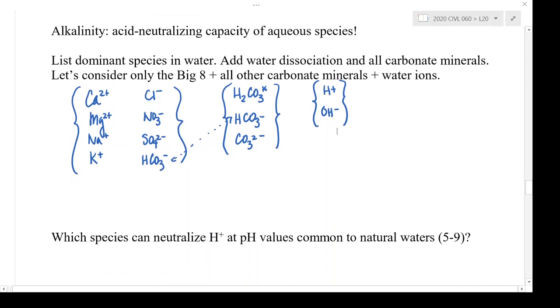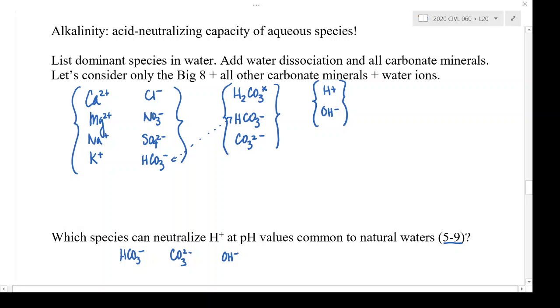So looking at this list, we need to answer the question, which species can neutralize hydrogen ion at pH values of natural water, about 5 to 9, 6 to 9, somewhere around there. And so pretty quickly we can see that the only ions that can react with a hydrogen ion are bicarbonate, carbonate, which can actually react with two hydrogen ions, and hydroxide.